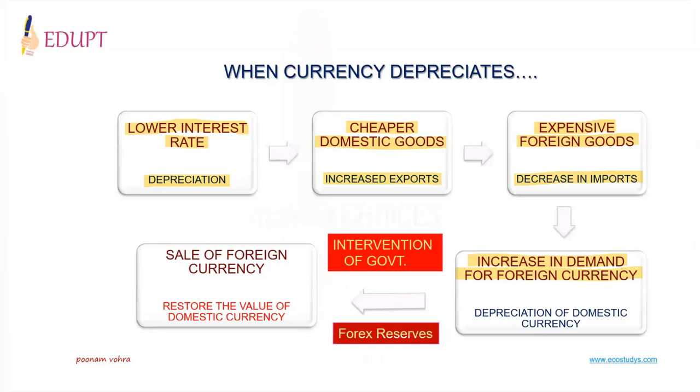Now, the central bank would like to restore the value of domestic currency and will start selling the foreign currency from its foreign exchange reserves in the international money market and expects to increase the supply in the market. Other things remaining constant, increase in supply of foreign currency would be expected to reduce its price in relation to domestic currency, and finally, the value of domestic currency gets restored.